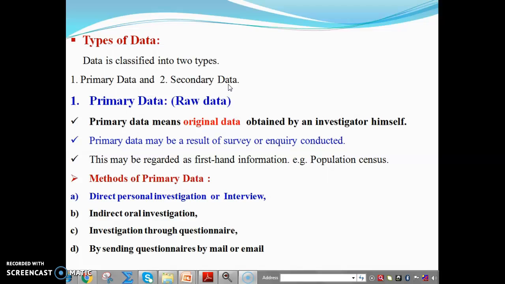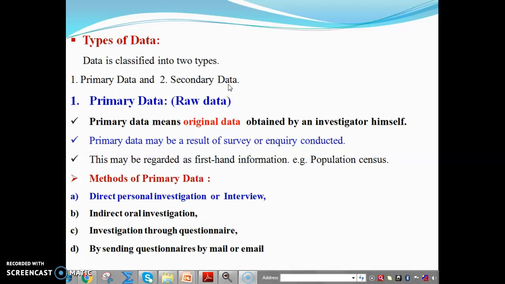Primary data means original data, that is, facts and figures obtained by an investigator himself. Primary data may be the result of a survey or inquiry conducted.